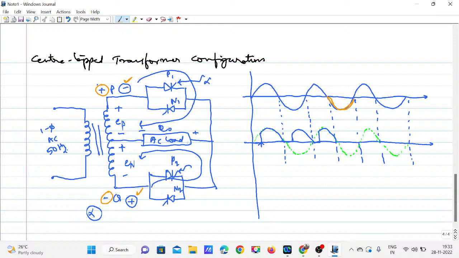Previously we gave the gating pulses to P2. Now what will happen? Instead of giving gating pulses to P2, just give the gating pulses to N1. Then how will it be? The current will flow from here through the AC source, N1 and back to supply like this. If you observe this point, it will be plus and it will be minus. So voltage will be reversed. So it will be like this.